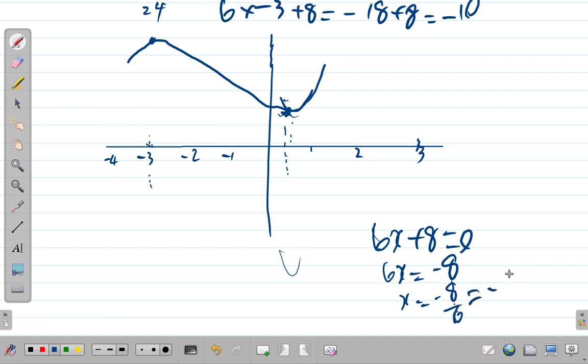Negative 1 and 1/3, negative 1.333. Alright, negative 1.333, somewhere around here. Point of inflection.